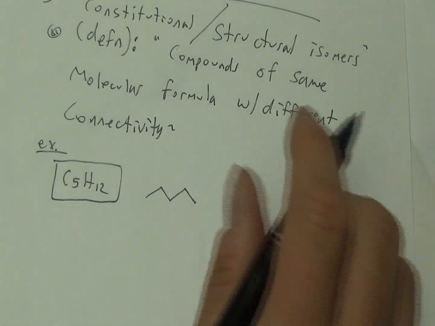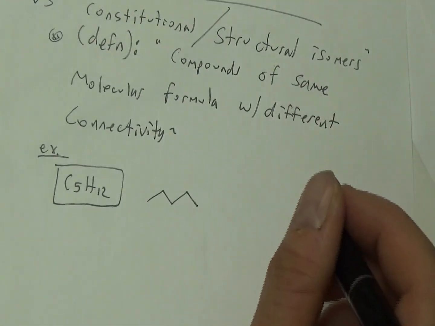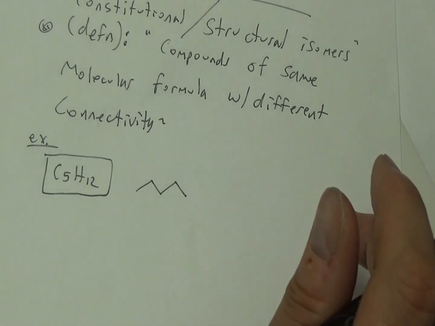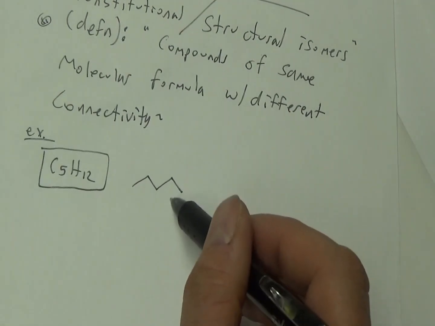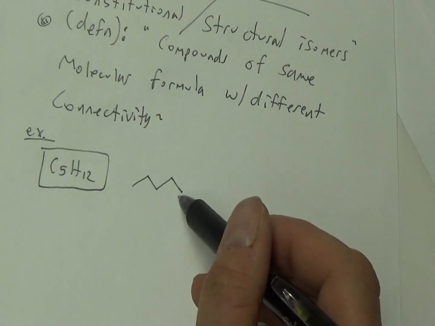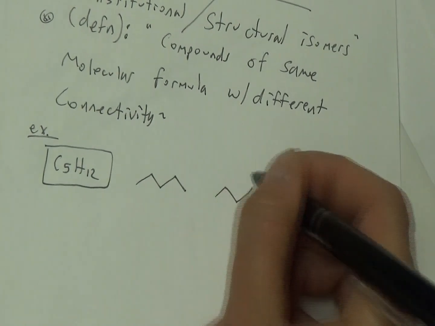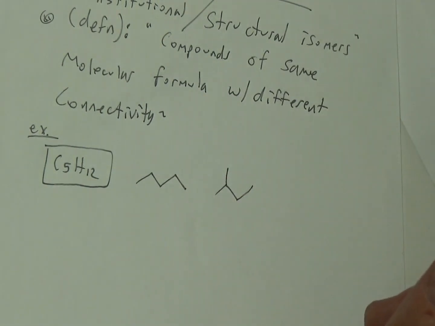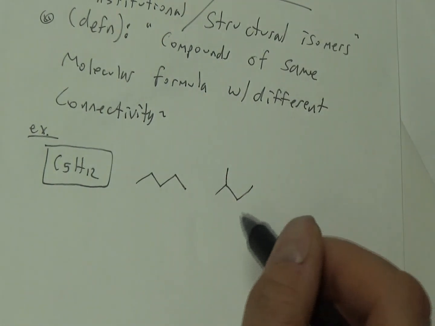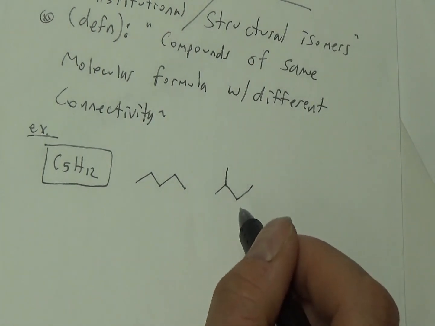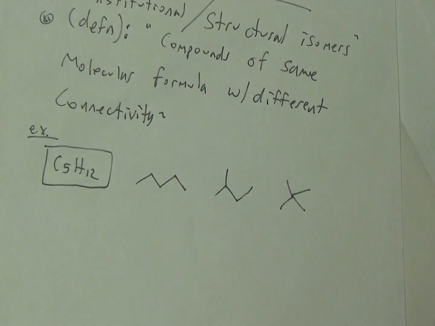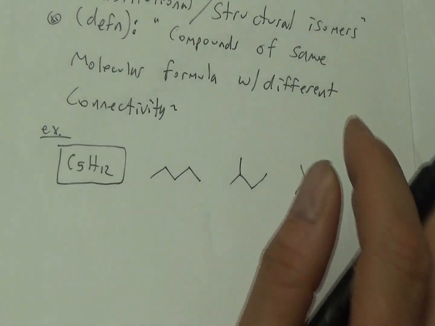Pentane. But what are some constitutional or structural isomers? It would just be different branched versions of this. So rather than 5 carbons in a row, you might do 4 carbons and put a methyl somewhere, right? So that's a structural isomer. Any other ones we could do? How could you branch 5 carbons in some alternate way? Well, maybe like that. That's another constitutional or structural isomer.